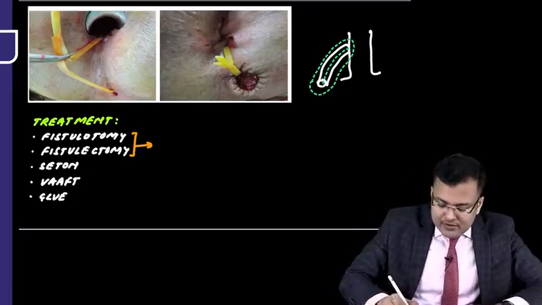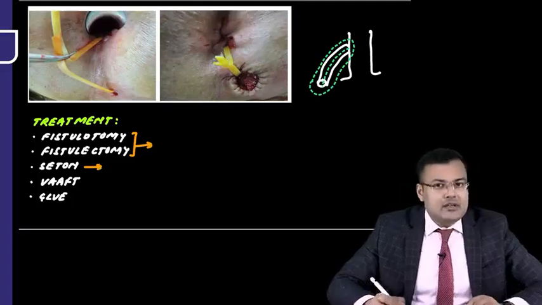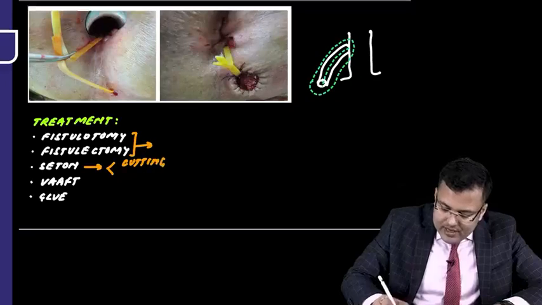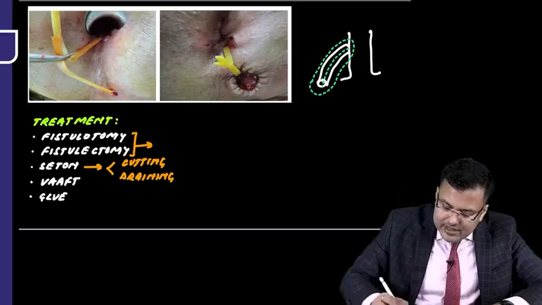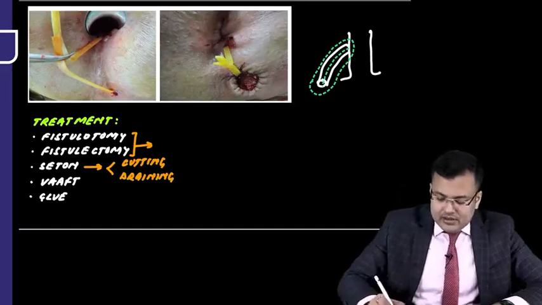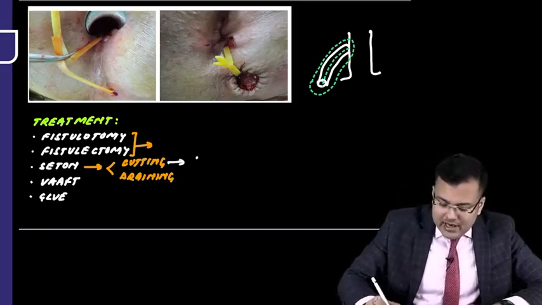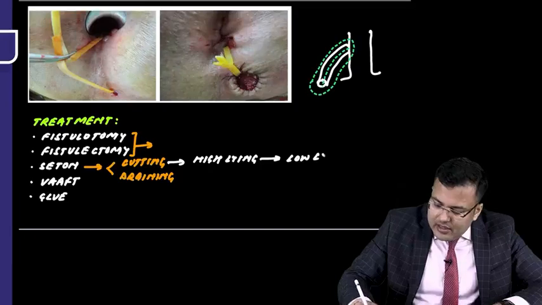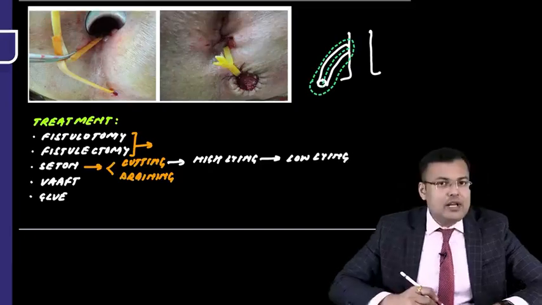Nowadays, what is the preferred treatment option? We use Seton, and Seton can be cutting Seton or draining Seton. What is the use of cutting Seton? It is going to convert a high-lying fistula into a low-lying fistula.